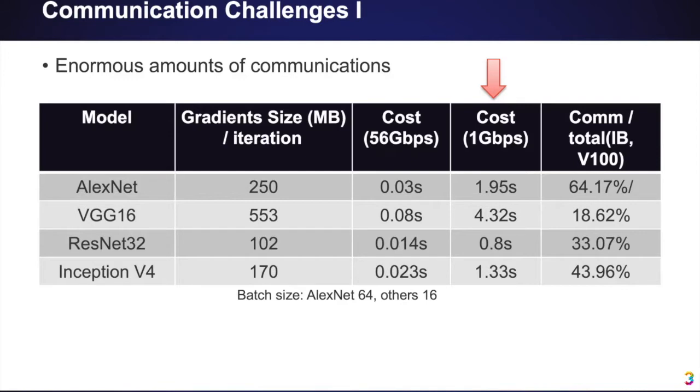Even in the HPC environment, which uses InfiniBand, the cost is still significant compared to the computation power of modern GPUs. The rightmost column shows the cost of communication with respect to the overall cost of every iteration with InfiniBand and V100 GPU. The communication of these models take from 18% to 64% over iteration time.